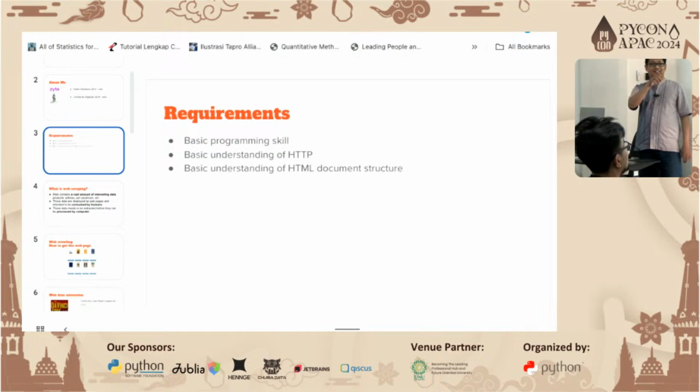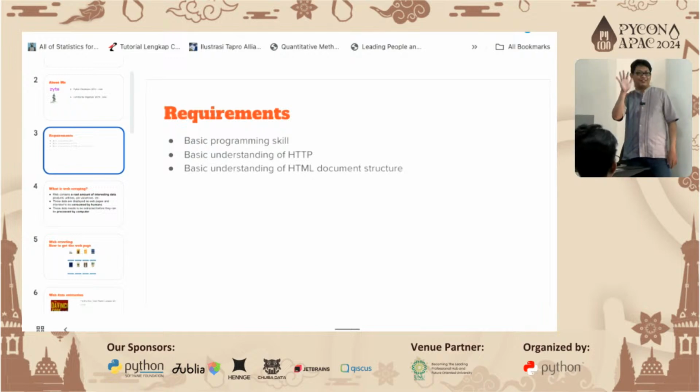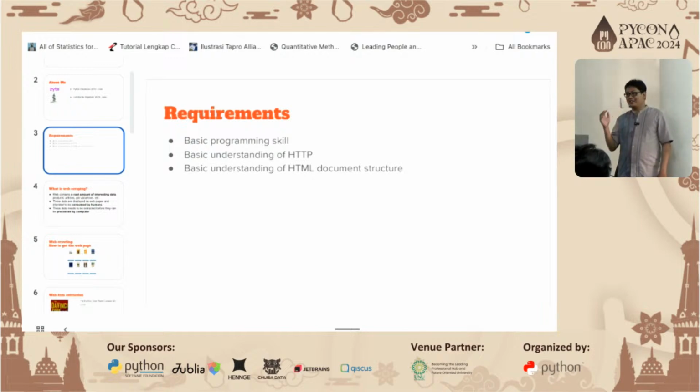1, 2, 3, 4, one more, 5. Yes, 6. And what programming language do you use to do web scraping? Python. Anyone else using another programming language? No. And what library or framework do you use? Beautiful Soup. Right. And how do you get the web page?